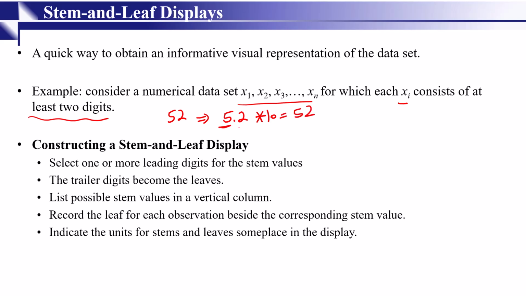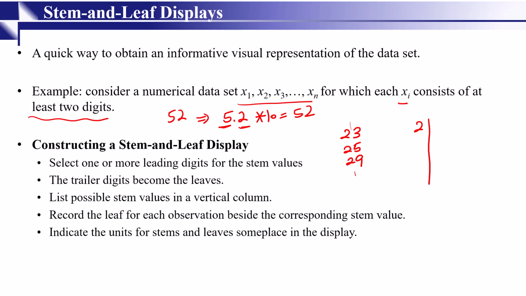So, stem and leaf. In order to construct the stem and leaf display, first we select one or more leading digits for the stem values. How? We identify the significant digits that will form the stem. For example, if we have 23, 25, and 29, then 2 will be the stem.